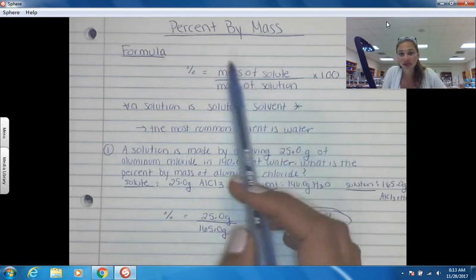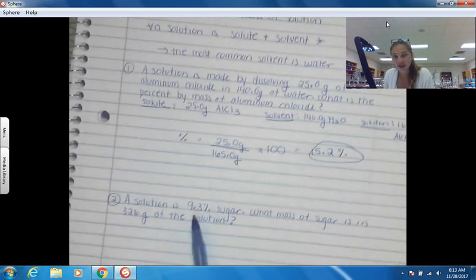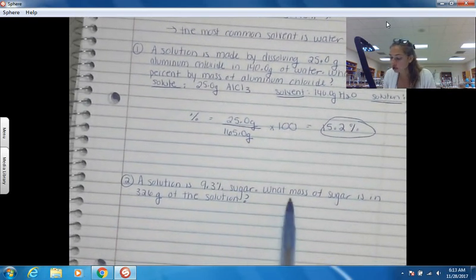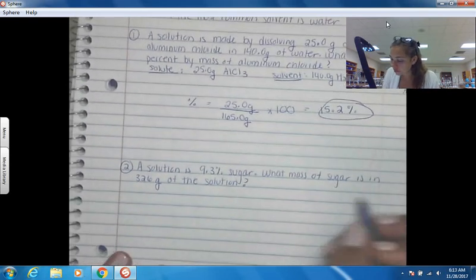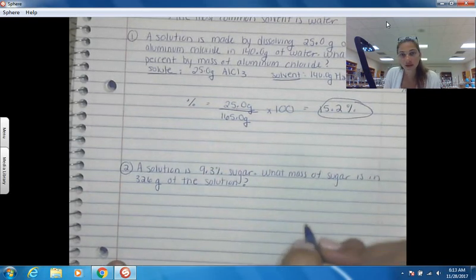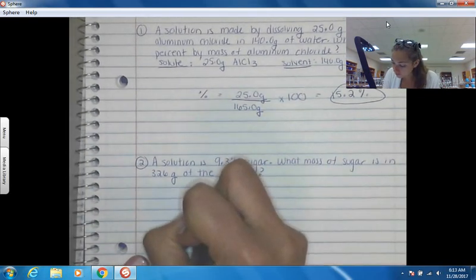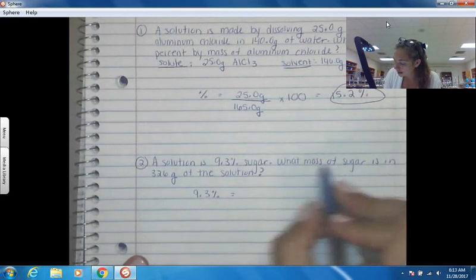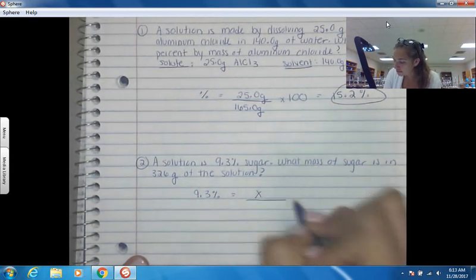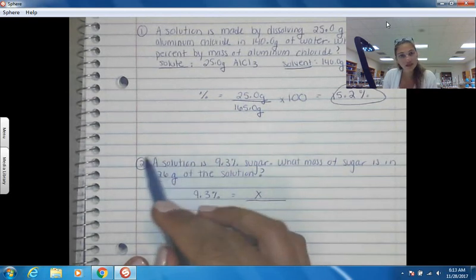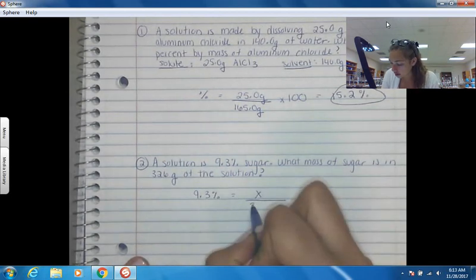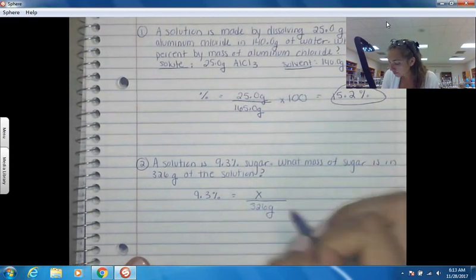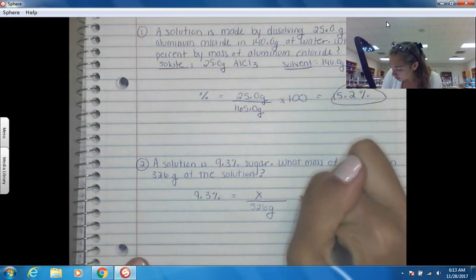This time, instead of solving for percent, they gave us the percent, so we're looking for the mass of the sugar. So let's plug it into our equation and figure out how we can solve it. We have 9.3% is equal to the mass of the sugar, so that's our x on top, divided by the mass of the solution, which they gave us, 326 grams, and then times 100.